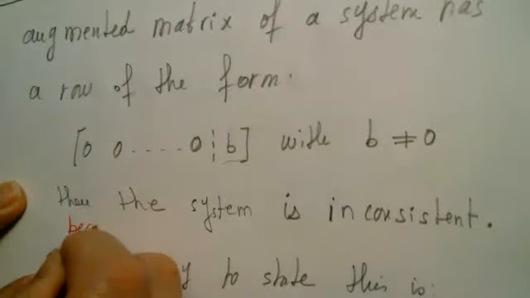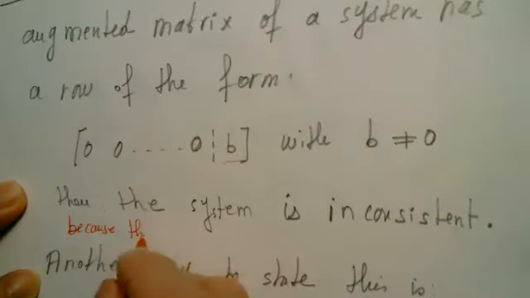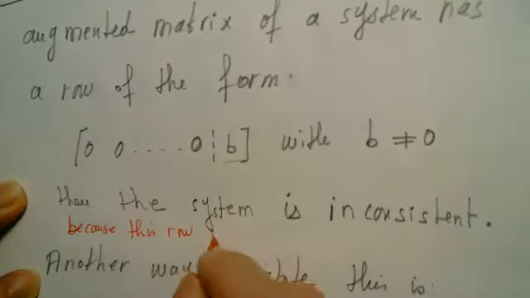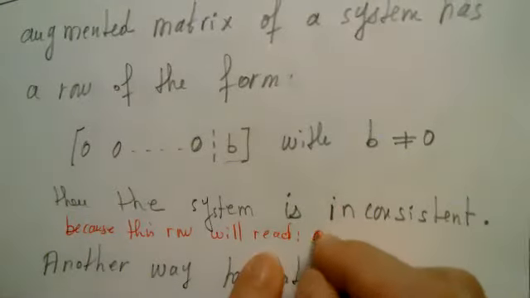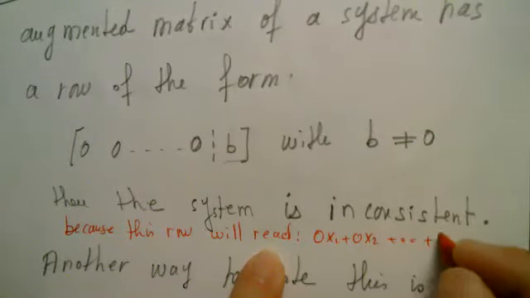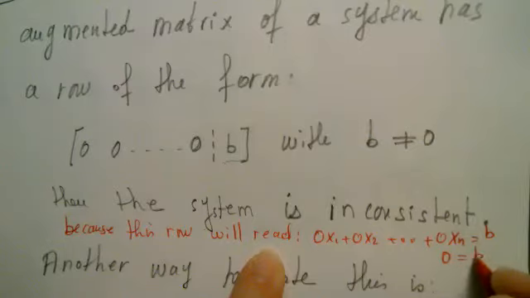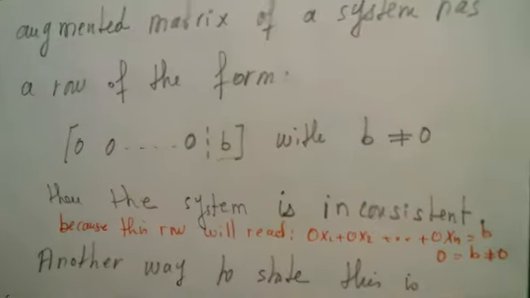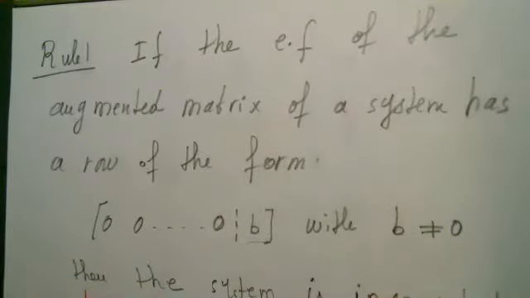Because this row will read: 0 x1 plus 0 x2 ... 0 xn equal to b. It means 0 equal to b, which is a non-zero term. That's inconsistency. So if the echelon form of the augmented matrix has a row of that form, the minute you see it, it means there is no solution for the system.